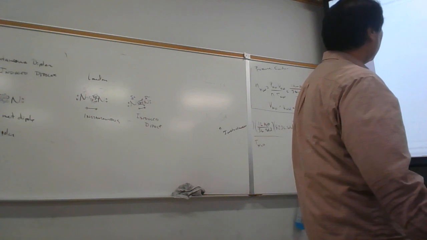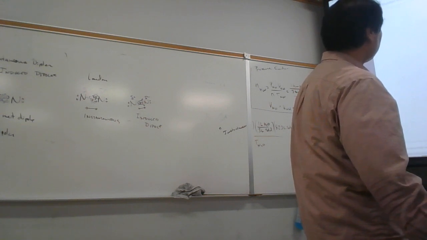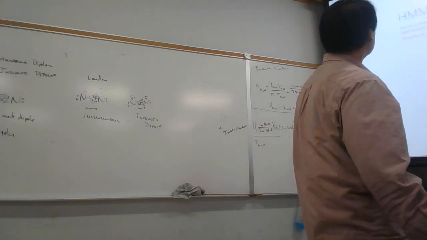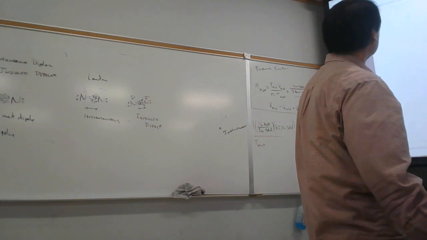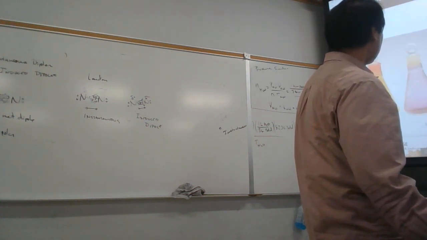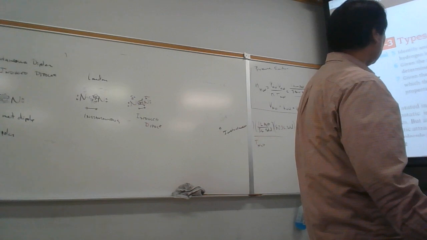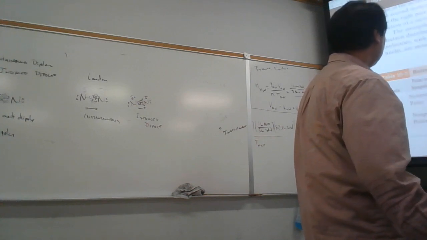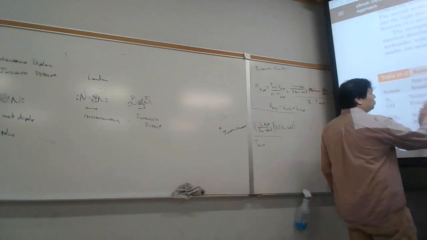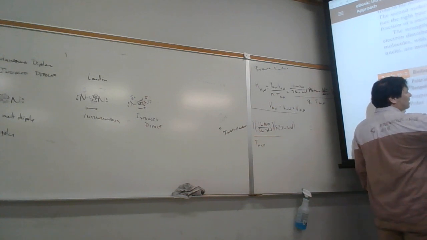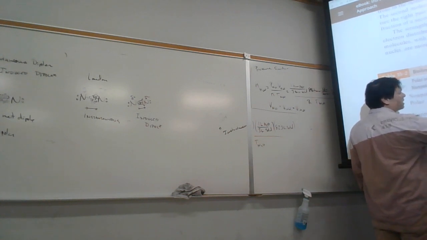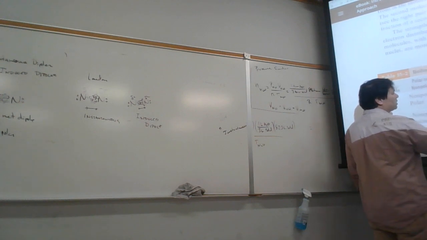And that's why if you cool nitrogen gas to minus 196 degrees C, it condenses into a liquid.